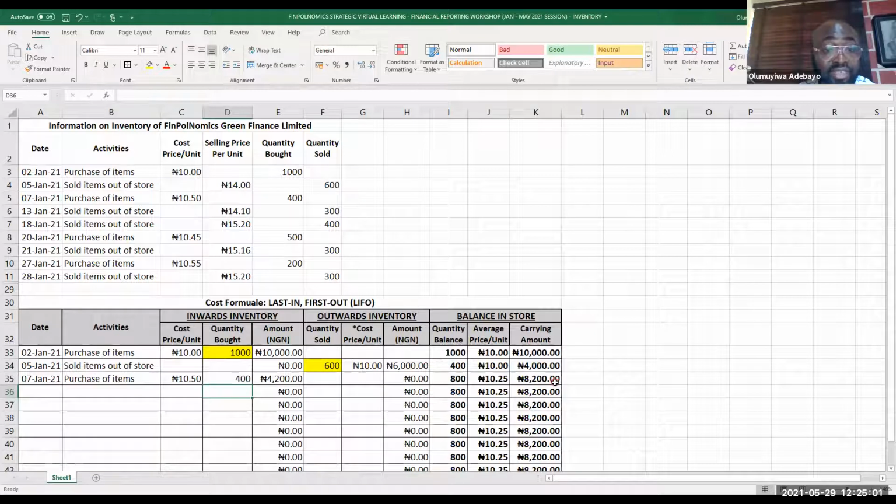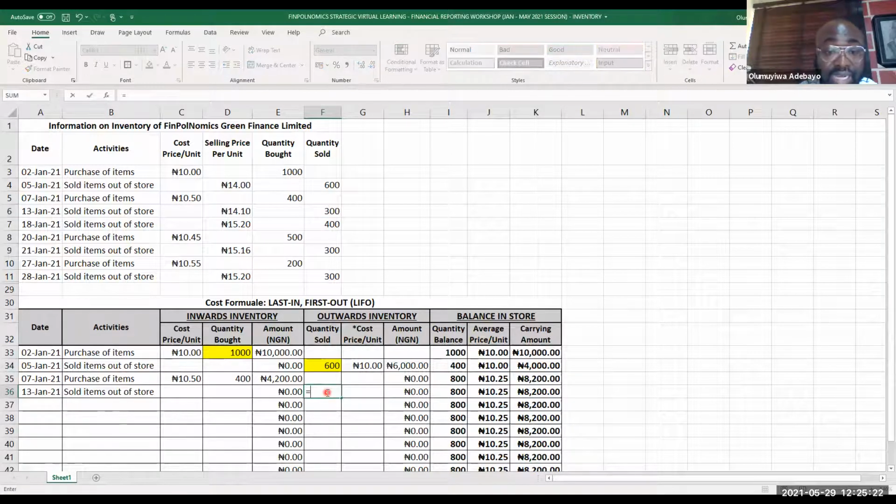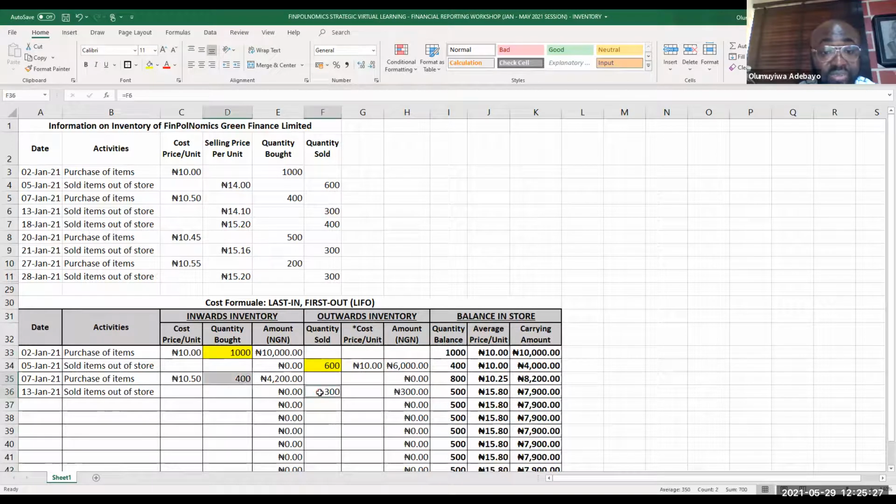Increase in value of our inventory because of the additions. And on this date, 13th, we sold an item, 300 items. And these 300 items were sold from the last batch, not from the first batch, because it is last in, first out, which means I'll be selling this 300 out of this batch of 400. I'll call that my green batch, and I'm selling at what price?